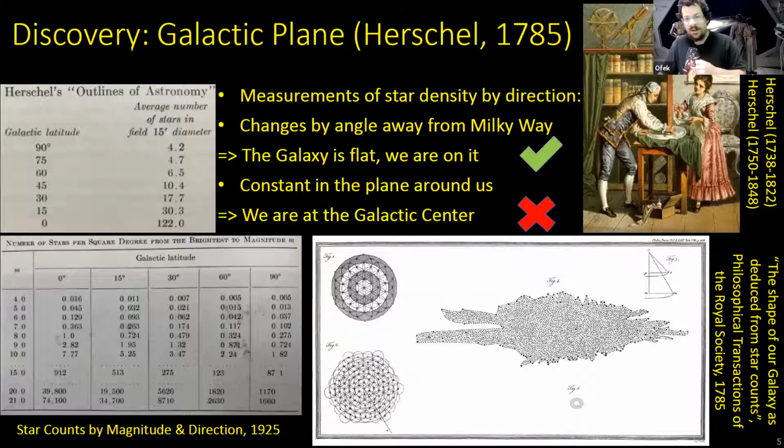Okay, realizing what the galaxy was made of still didn't tell us what it was shaped like. What was the actual construction of the galaxy? Because in the sky, again, it just looks like this lane of white, now we know of many dots of stars.